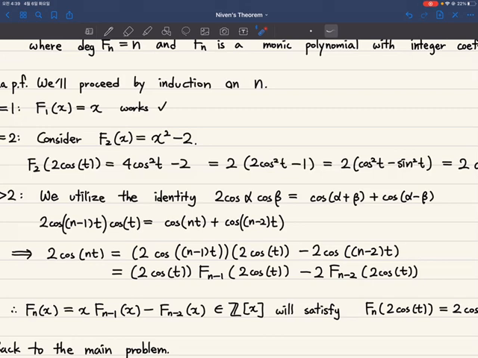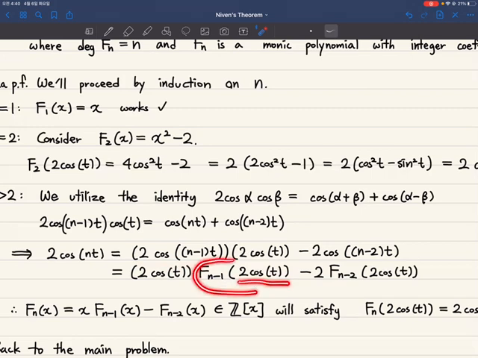Okay, so now we could keep on rearranging, but notice that this is from the case when n is equal to the case when it's n minus 1. So by the induction hypothesis for n minus 1, we know that there exists a monic polynomial with integer coefficients such that 2 cosine of (n minus 1) t equals f of n minus 1 times 2 cosine t.